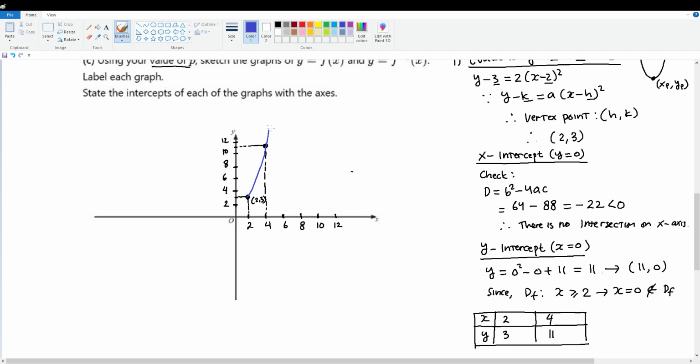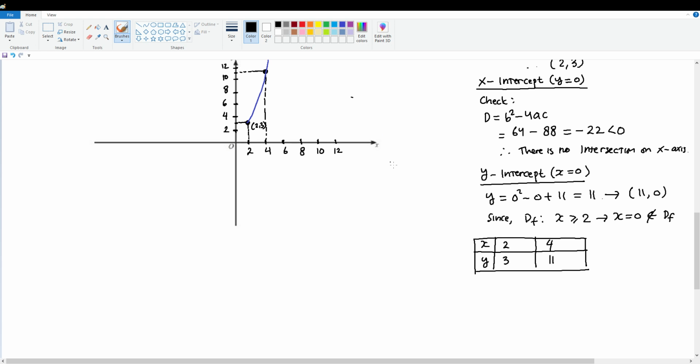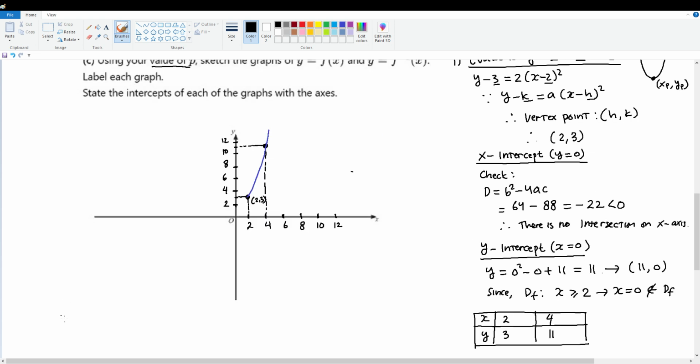Okay, after that, let's continue to evaluate the graph of y equals the inverse, that is the square root of (x minus 3) over 2, plus 2.